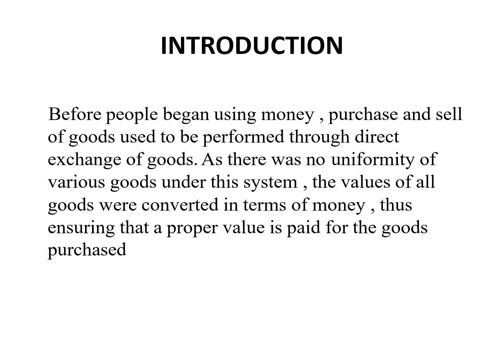The values of all goods were converted in terms of money, thus ensuring that a proper value is paid for the goods purchased. Meaning of this: earlier, goods were exchanged directly through the barter system, which lacked uniform value. Later, money was introduced to give a standard value to goods and ensure proper payment.